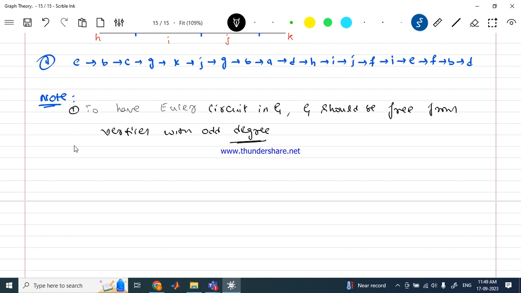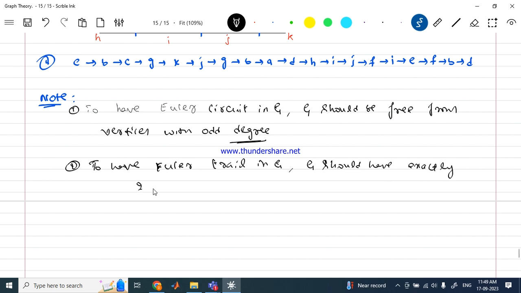And second point, to have an Euler trail in G, G should have exactly two vertices of odd degree.